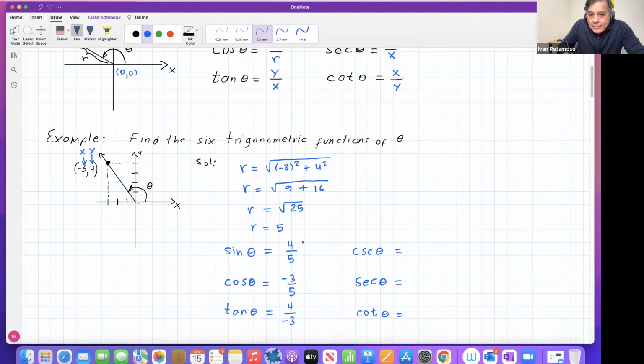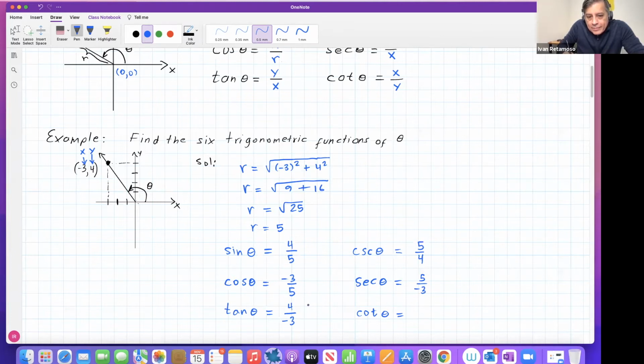Flipping sine, or taking the reciprocal of sine, we get for cosecant of theta 5 over 4. Flipping cosine, we get secant, so 5 up here, -3 down here.